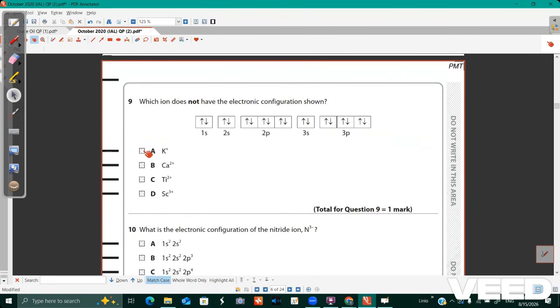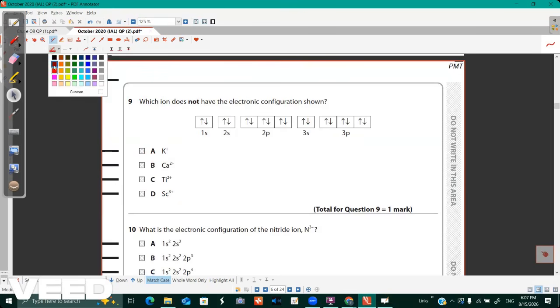Which ion does not have electronic configuration shown? So let's see. I am looking at it. I want to find an easier way of doing it. Let's see. Not have. See the electronic configuration shown.